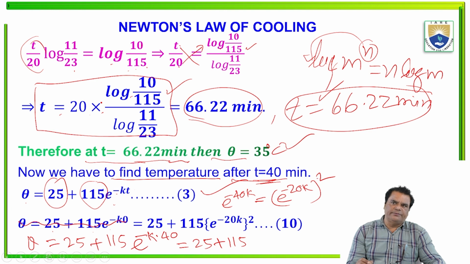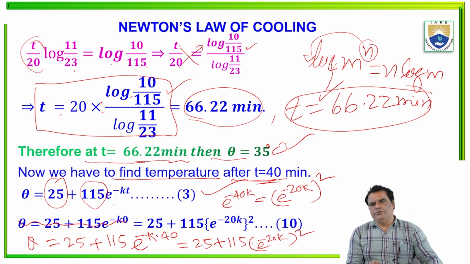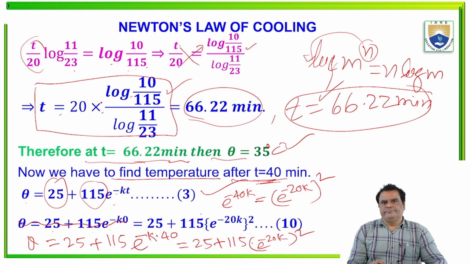So we can write e to the power minus 20k whole square. Same, I am writing here 25 plus 115 e to the power minus 20k whole square, which is e to the power minus 40k.